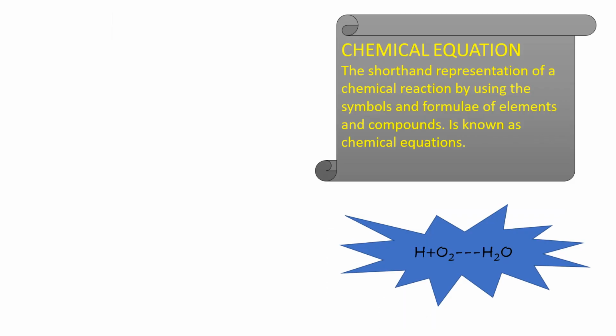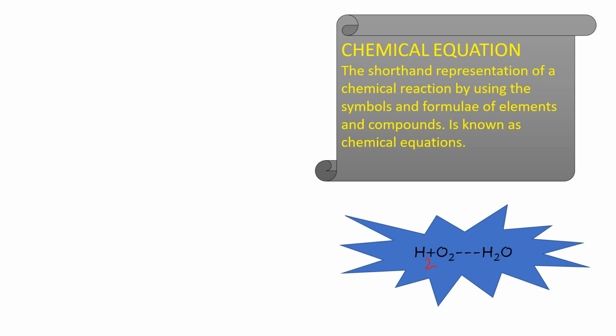Chemical equation. What is a chemical equation? Basically, we know a few things about chemical equations from our past slides. That means representing a word equation in the form of chemical symbols, that is hydrogen represented by H, oxygen represented by O, O2 and H2.